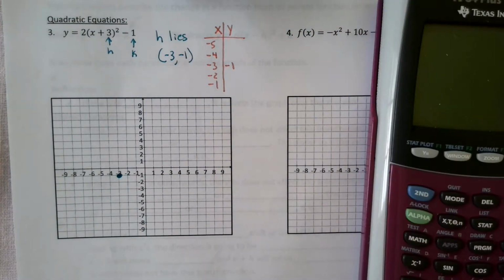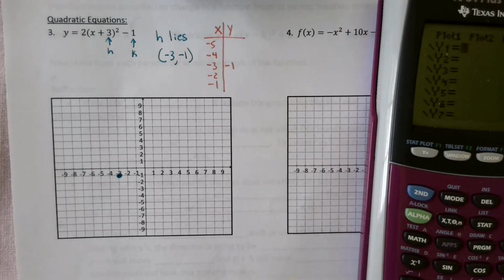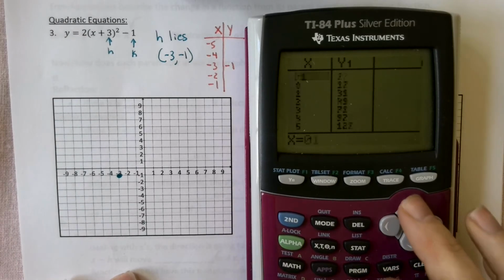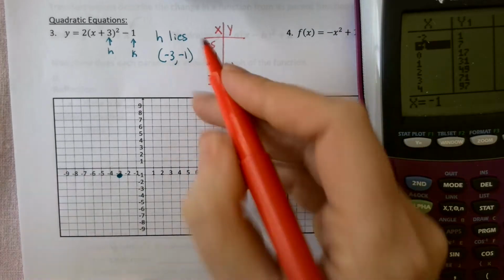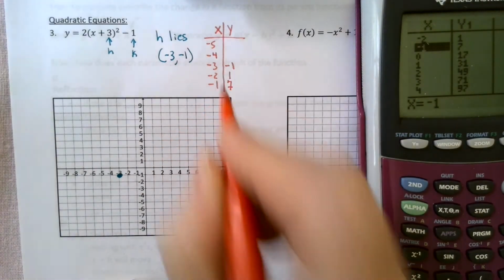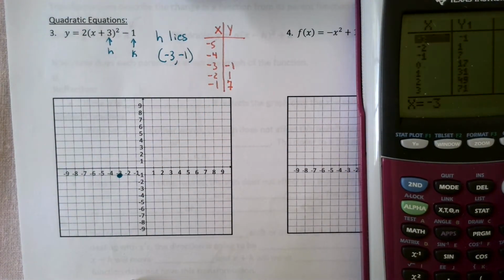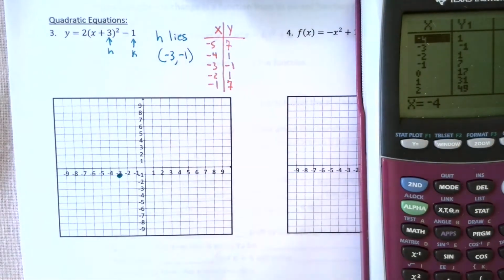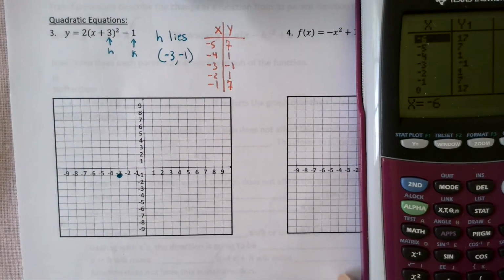Okay? And then our calculator, we have 2 parentheses, x plus 3 squared minus 1. Again, my calculator is different, so I don't want to confuse you guys. Alright, so then we have our table. And so -1 is 7, and then -2 is 1, -3 is -1, and so -4 should be 1, -5 should be 7, because remember symmetry.